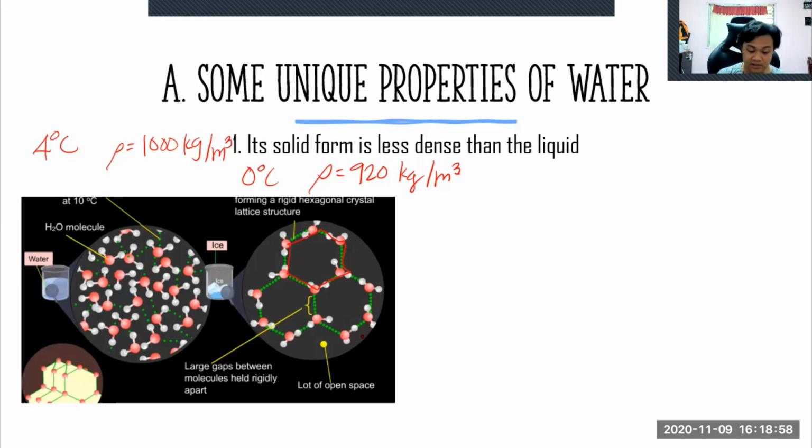So the solid ice contains large hexagonal holes, just like you see here. And then this three-dimensional structure extends out for billions and billions of molecules. So when ice melts, these holes collapse. So this will be no more, and then it will become liquid like here. So this explains why ice is less dense than water.